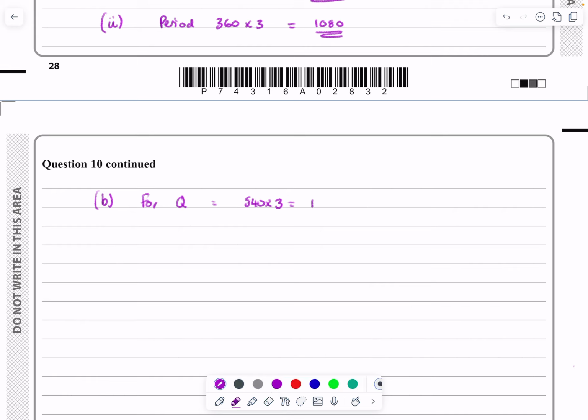Gives me 1620, and then obviously it's been stretched by a scale factor of 3 on the y-axis as well, or rather minus 1 times 3. So Q is the point 1620, minus 3.